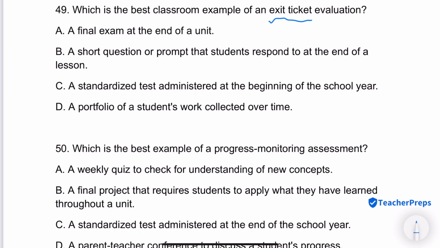Oftentimes I would hand out exit tickets. I taught third grade for a couple of years and I taught fourth grade for a couple of years. And I substitute taught kindergarten and I actually taught first grade for 2 years too. But a lot of the times I'll be at the front of the room, either sitting on the chair reading a book, or teaching a lesson on the whiteboard, and all the students will be sitting on the rug.